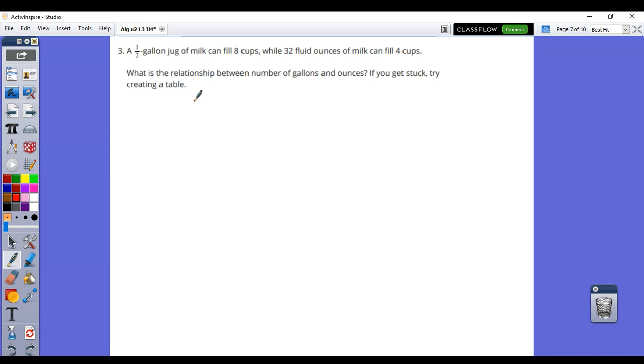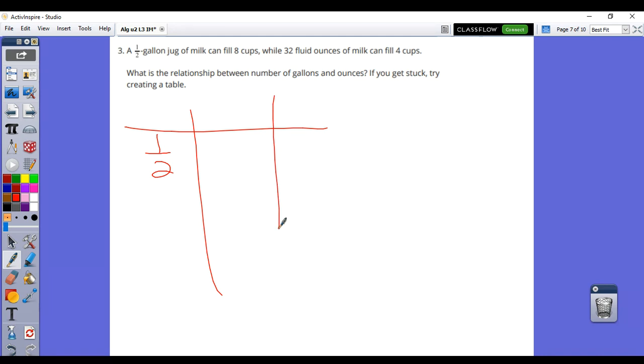And number 3, a half a gallon jug can fill 8 cups, while 32 ounces can fill 4 cups. What's the relationship between the number of gallons and ounces? Again, if you get stuck, try to create a table. So a half a gallon is 8 cups.